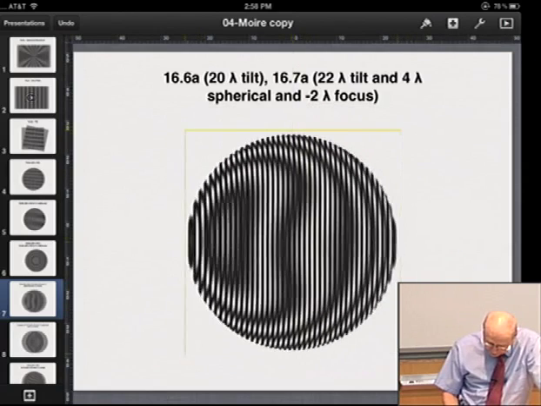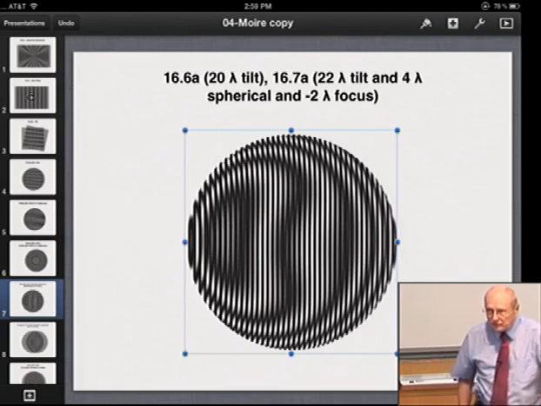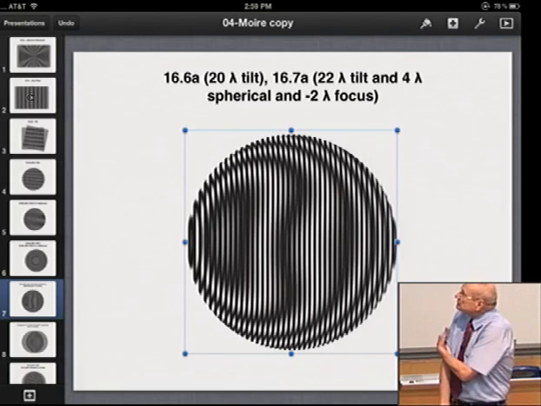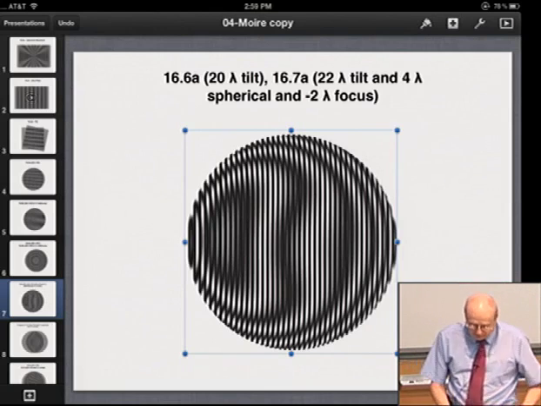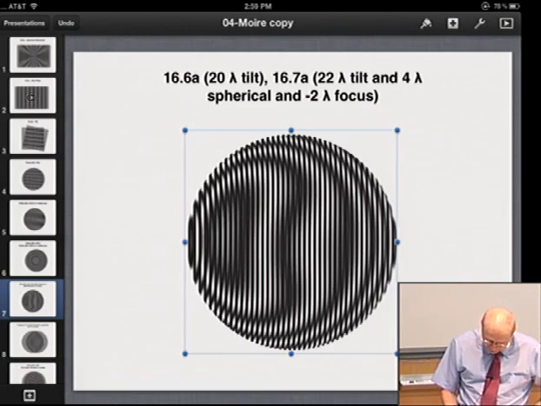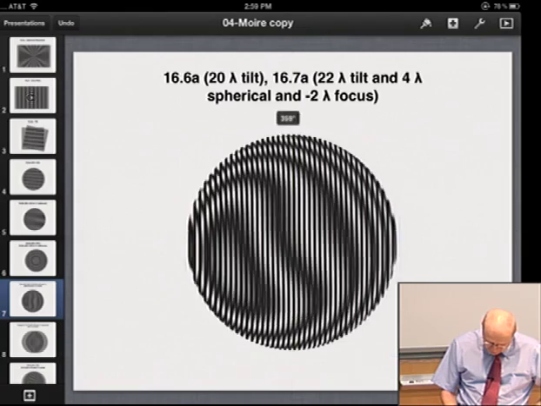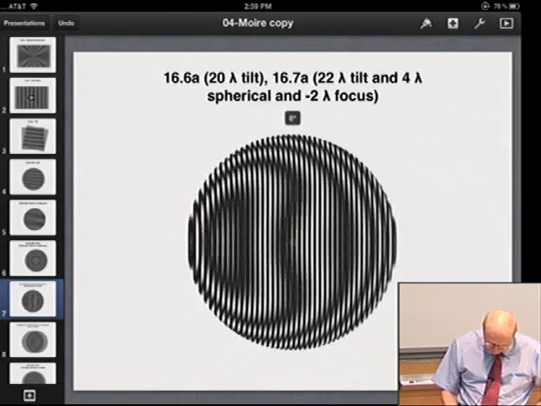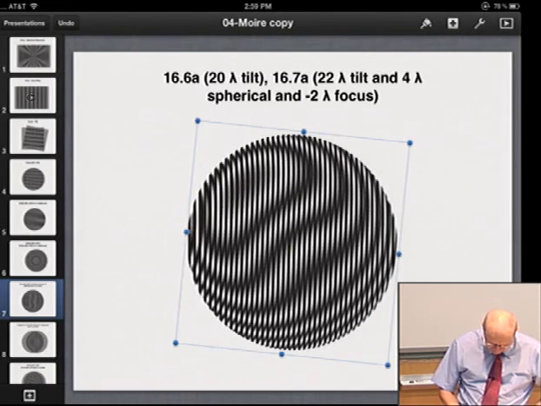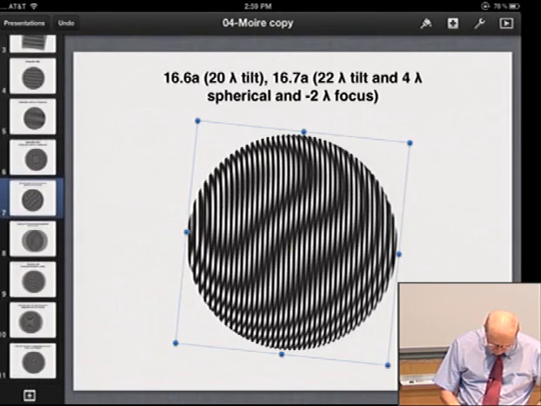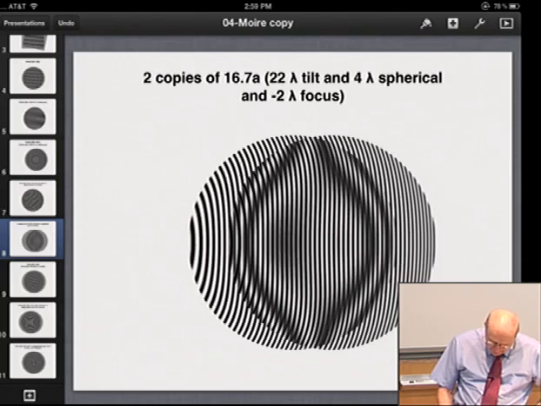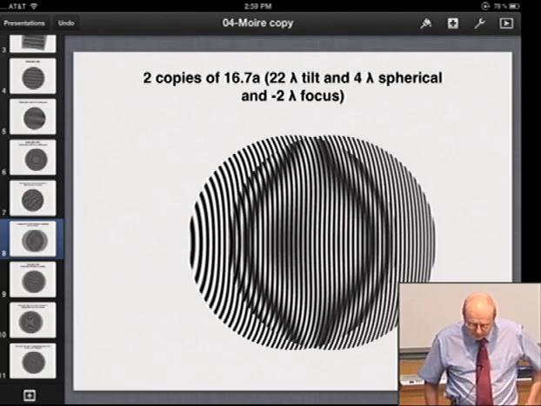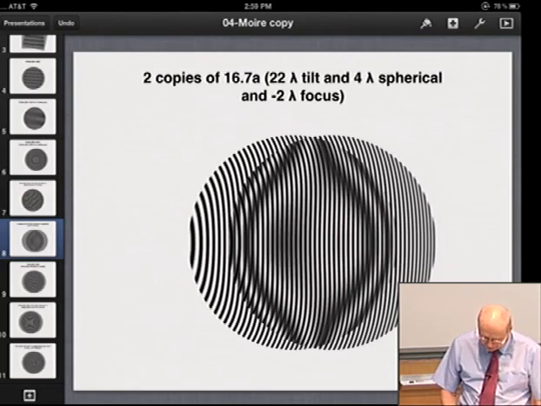And so since one of these is 20 of tilt and the other is 22, I can't subtract out all the tilt. I have some left. I can change the angle of the tilt here, again, by rotating. So this is 22 of tilt, 4 spherical minus 2 focus.